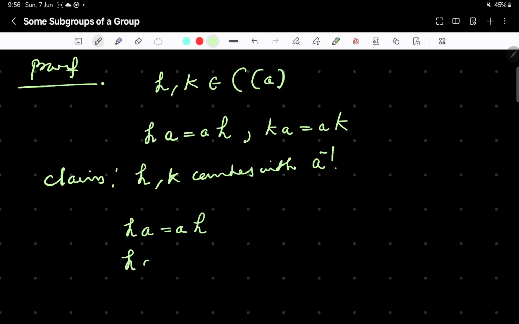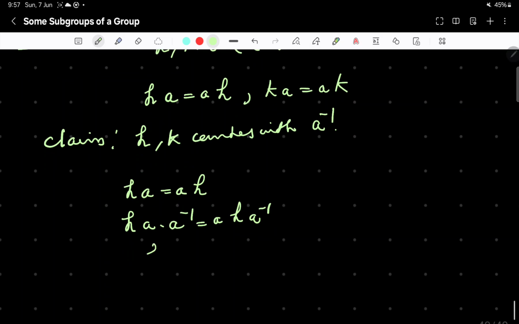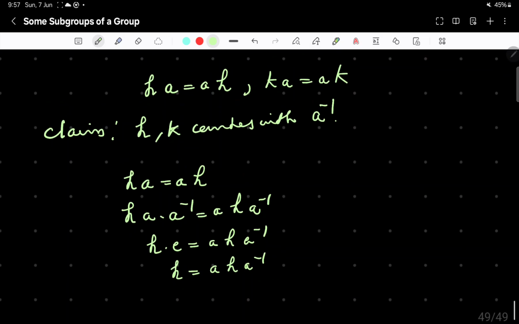So that means HA A inverse equal to AH A inverse. This means HE equal to AH A inverse, that is H equal to AH A inverse. Here, what you have done is multiply by A inverse.